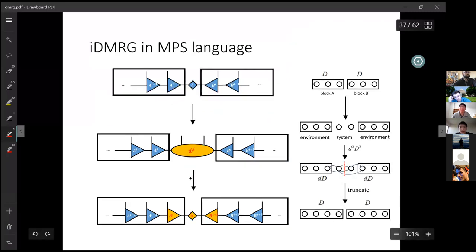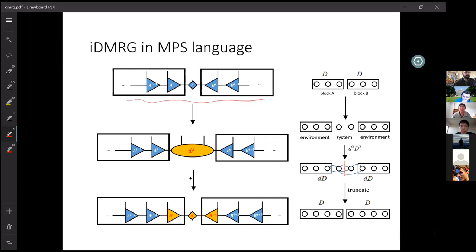Right. So now I'll explain the iDMRG in MPS. Every time we end up with this form, and we include two sides, two physical bonds in the middle, and we want to ask what the tensor is.